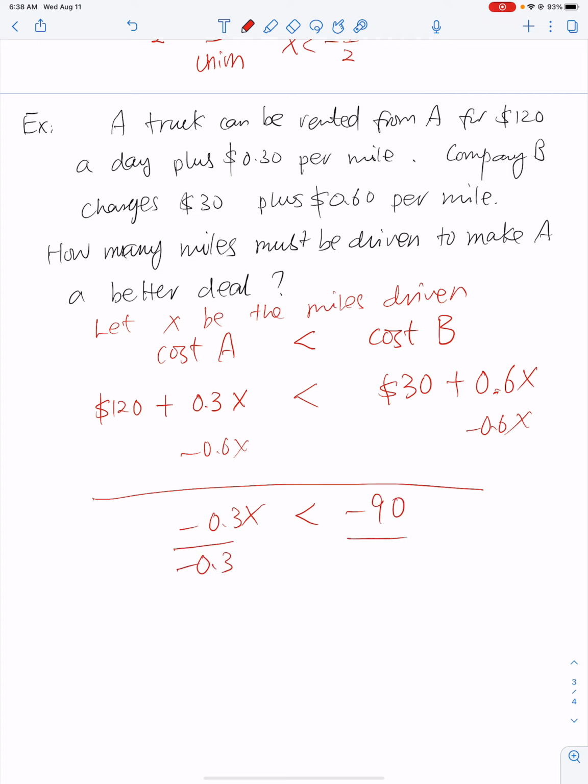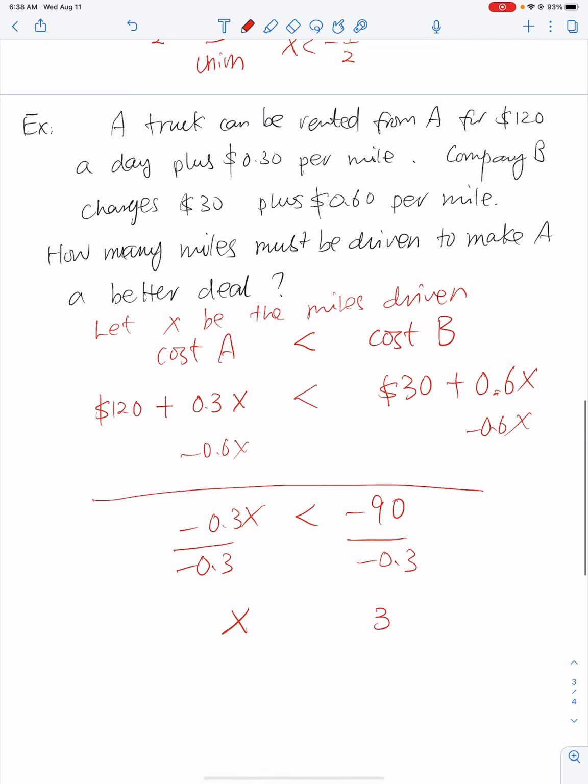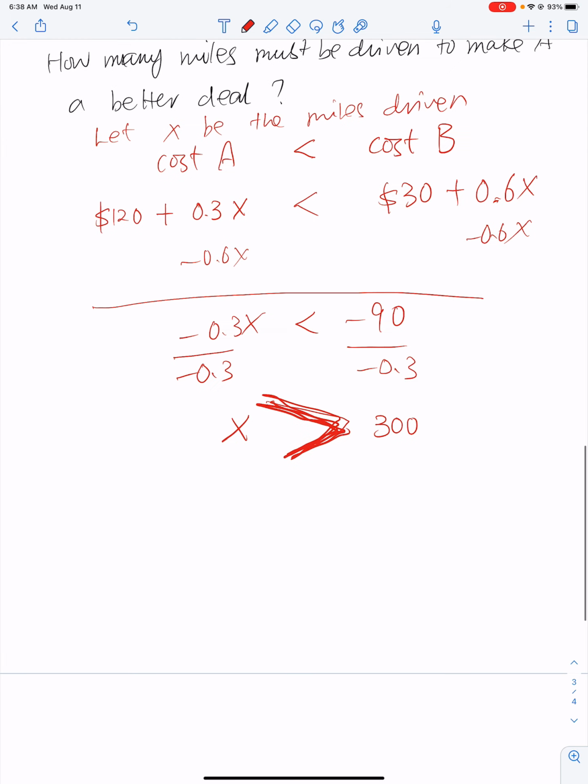Divide by negative 0.3, x is 300, yeah? What do we need to do? Do not forget what? Flip your inequality sign, because you are dividing by a negative number. So you have to what? Drive at least 300 miles, okay?